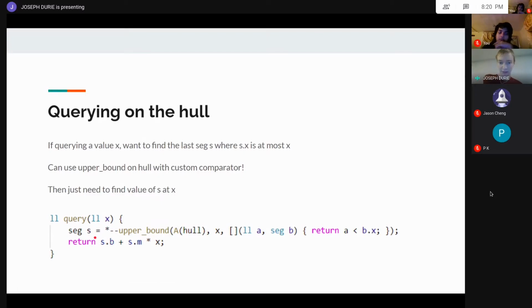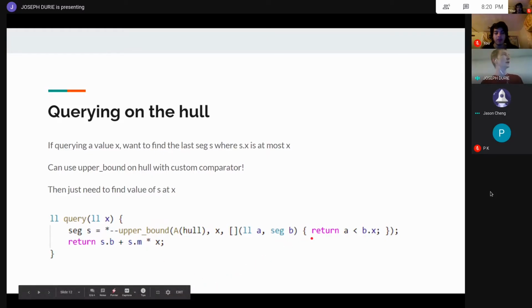Questions on this? On any of the implementation? Wait, can you explain what upper bound does? Yeah, it's basically doing a binary search on your vector. It looks complicated, but you can think about it as the binary search only looking at the x values on the vector.